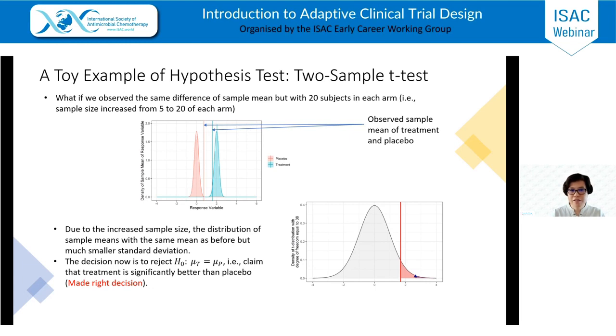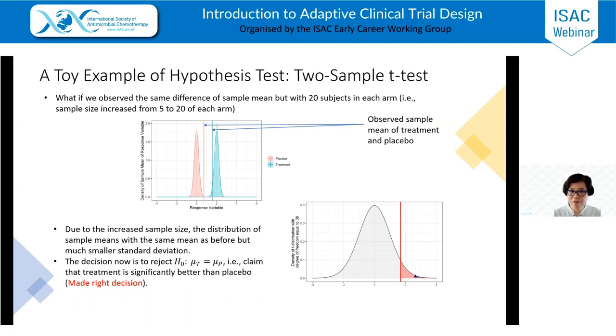This is a similar idea, the distribution of the sample means. Because we have many more samples, we have a better estimate of the sample mean, because the standard deviation is much smaller. This is a much narrower distribution than the previous one with 5 subjects per arm.